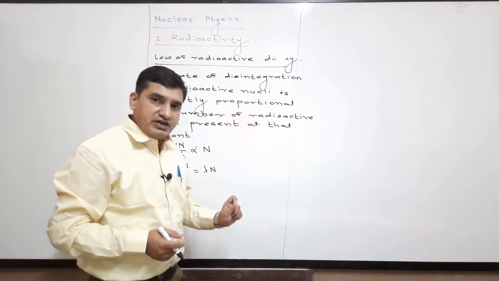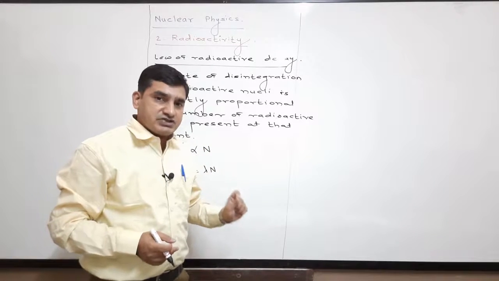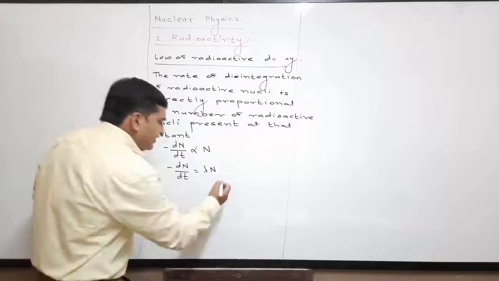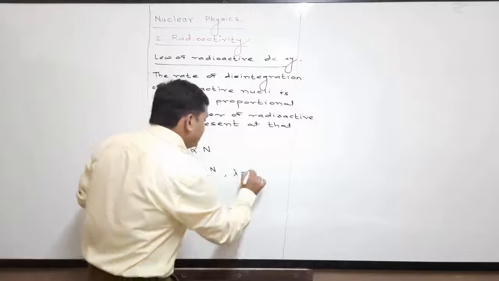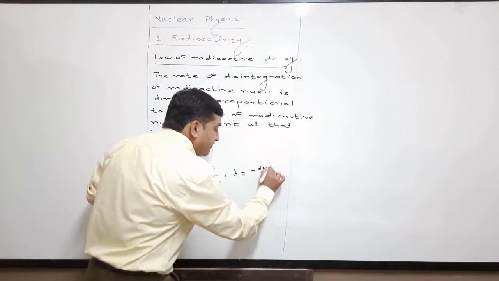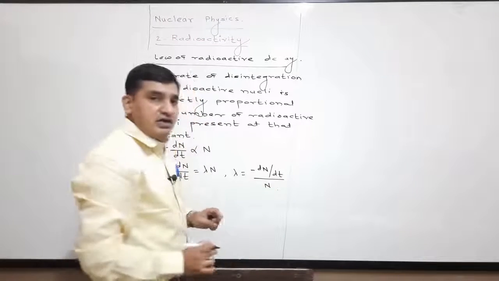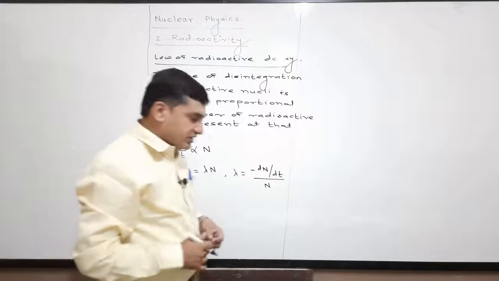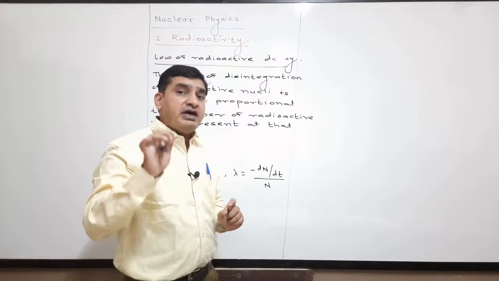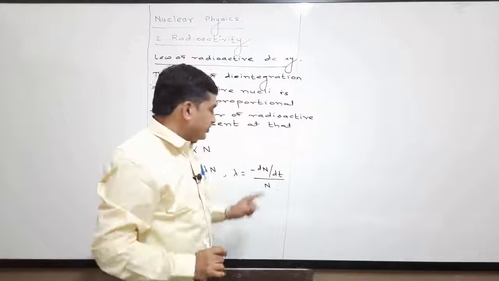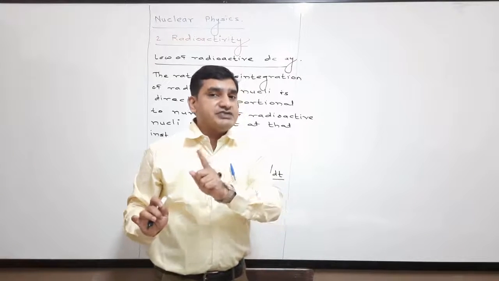The definition of the decay constant is: lambda is equal to minus dN upon dt divided by N. Therefore, the decay constant can be defined as the ratio of the number of radioactive nuclei disintegrating per unit time to the number of radioactive nuclei present at that instant.